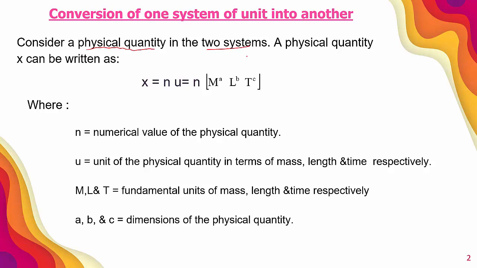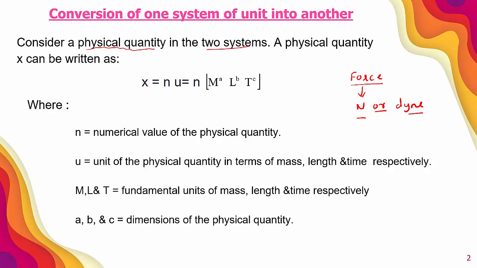For example, you can consider force. That means either we can express force in terms of Newton or you can express in terms of dyne. There are two systems here, Newton and dyne.